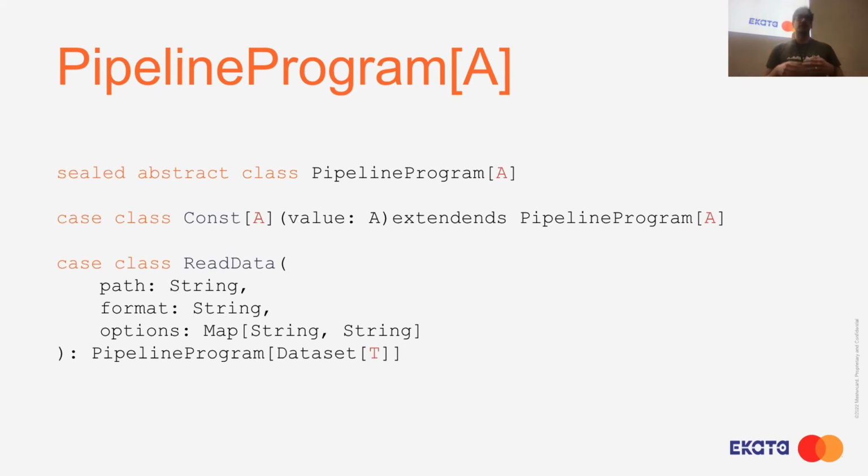This is specific to Spark. We only use Spark, and we decided to just lock in and not generalize over this. Of course, if you want, you can use things like Apache Beam, which is generalized over this, or you can write your own. So now we can create pipeline programs, and let's see how we can combine them.